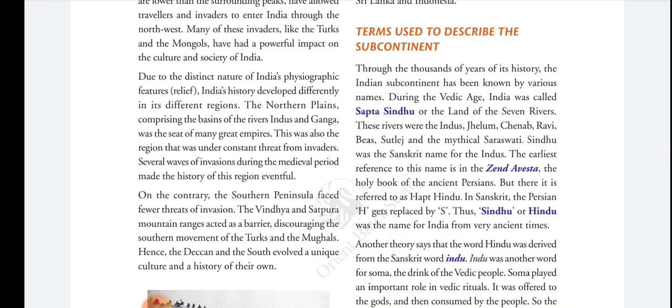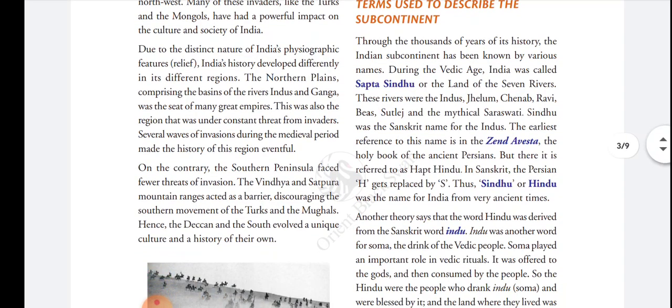Sindhu was the Sanskrit name for the Indus. The earliest reference to the name is in the Zend Avesta, which is a holy book of the ancient Persians.